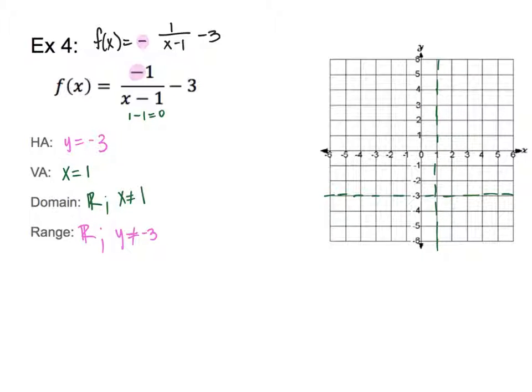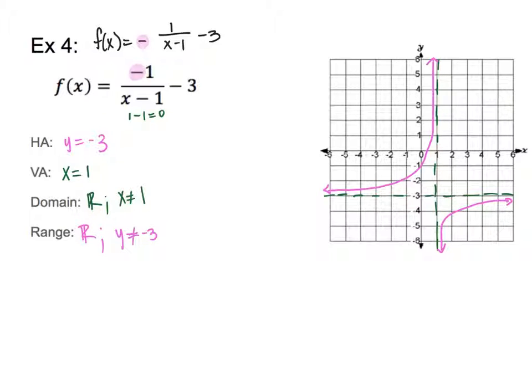So the left one is now in the top left corner. But I'm still going to do the same. I'm going to try to get close to that asymptote, but not quite touch it. And diagonal from that, the right side is going to be in the bottom of the coordinate plane.